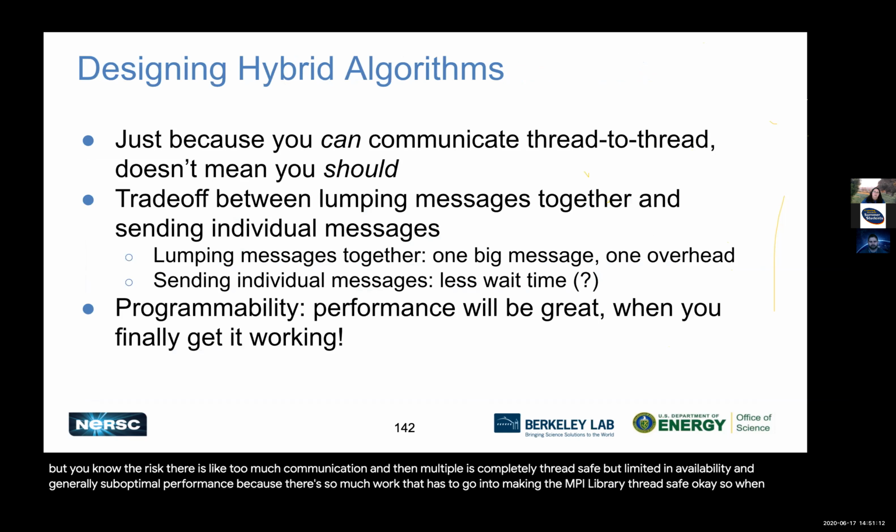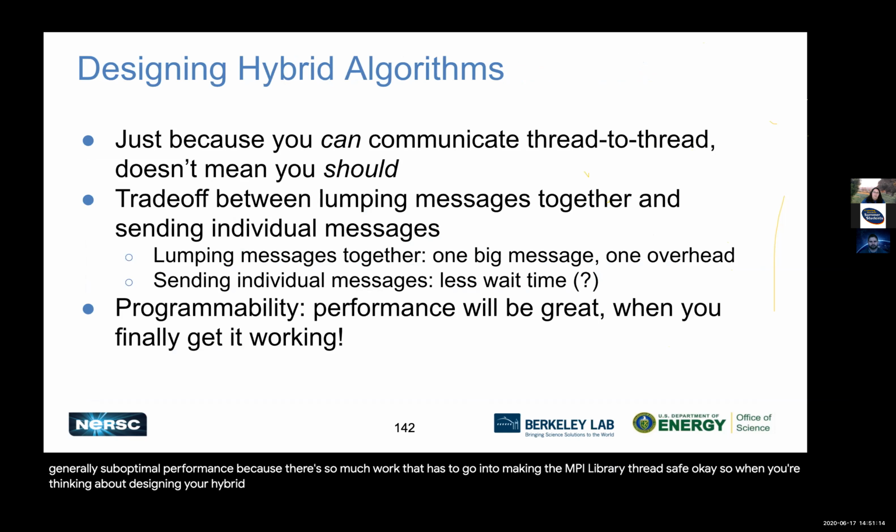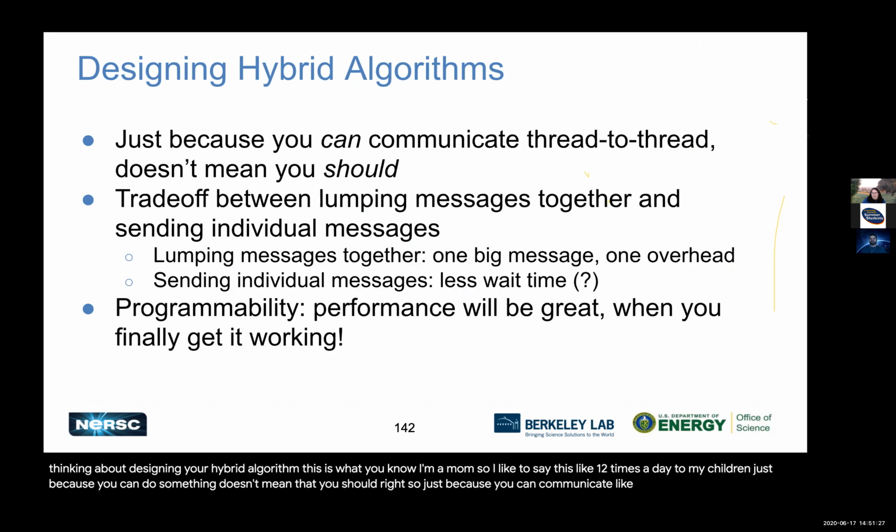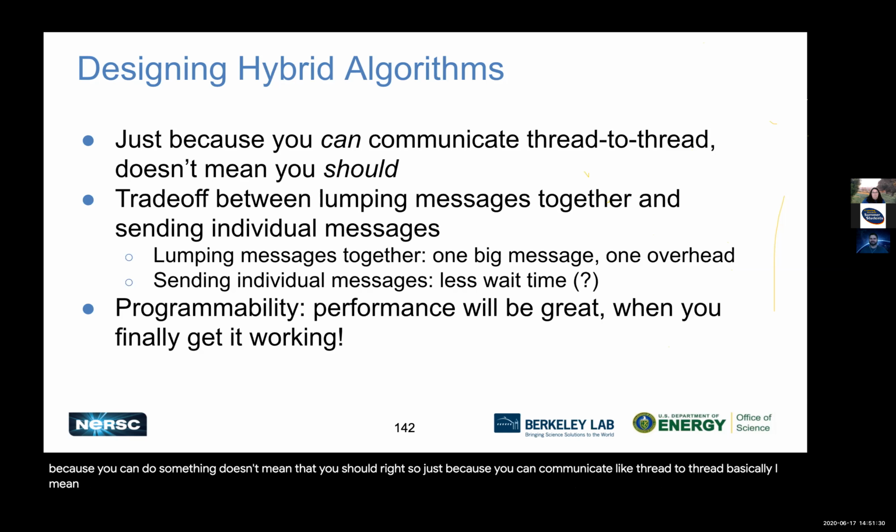Okay, so when you're thinking about designing your hybrid algorithm, this is what, I'm a mom, so I say this like 12 times a day to my children: just because you can do something doesn't mean that you should. So just because you can communicate thread to thread doesn't mean that you should.